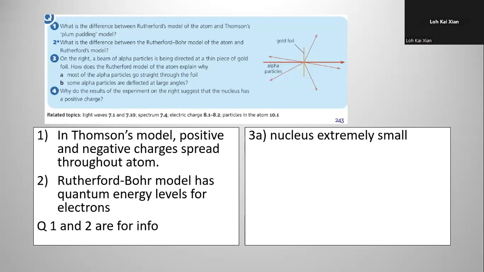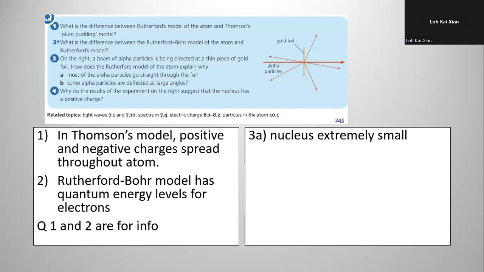The atom is 10 to the power minus 10 meter. The nucleus is 10 to the power minus 15 meter. Very small. Imagine in a huge room, the nucleus is just an orange in the middle of the room. You throw a ball, which is the alpha particle, and most of it will go straight through without hitting the nucleus.